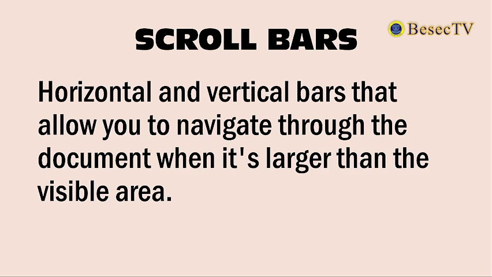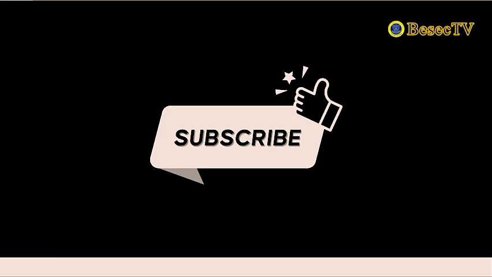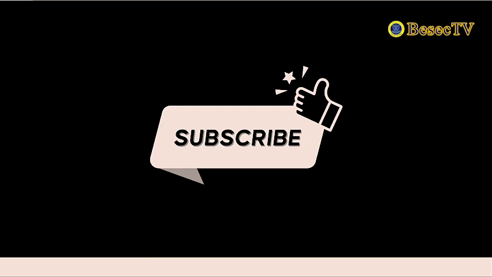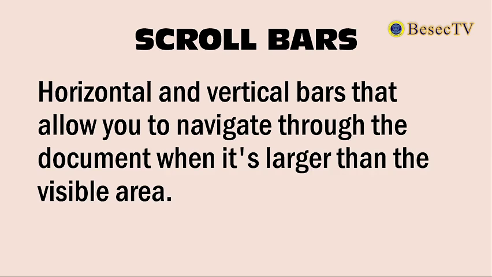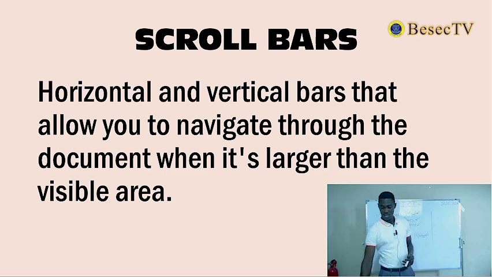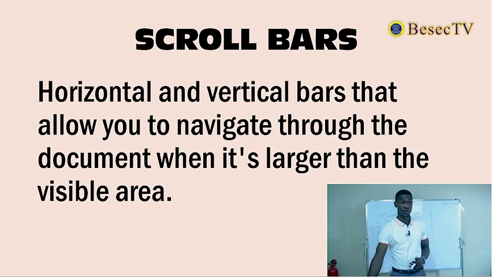The horizontal one is always beneath your document area, and allows you to scroll to the left or to the right. Then we have the vertical bar, which is at the right side of your screen, and helps you to scroll upwards and downwards, to make all areas of the document visible to you.